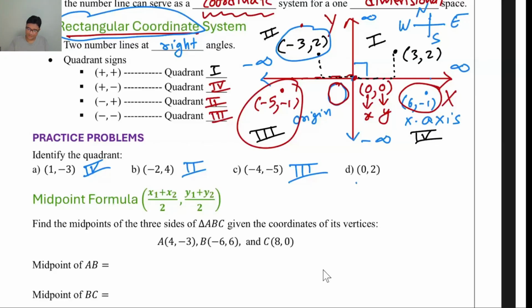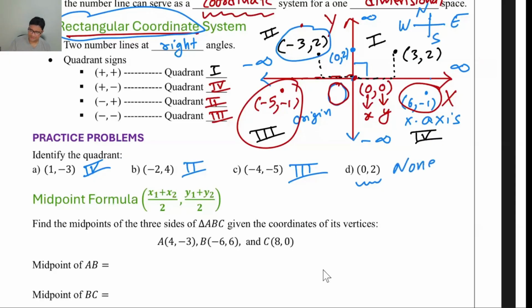And you might have wondered about this, right? 0, 2. Where is it? 0, so you are not moving on the x-axis. 2, so you are only moving on the y-axis. 0, 2 would be a point on the y-axis like that. So if the question is which quadrant it is, is it first quadrant or is it second quadrant?